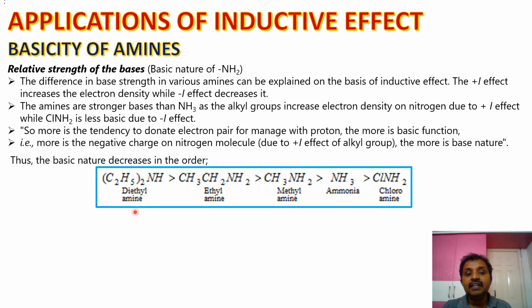Two ethyl groups are there. Here a single ethyl group is there. Here a methyl group is there, and compared to it the methyl group is shorter, so it has a lesser basicity. Here there is no substituent. Here an electron withdrawing chlorine atom is substituted on the ammonia, so the basicity decreases.